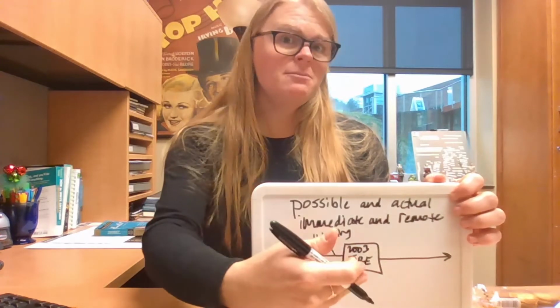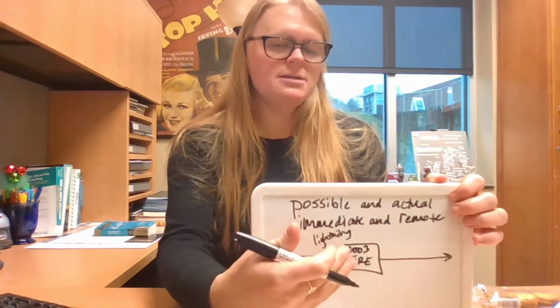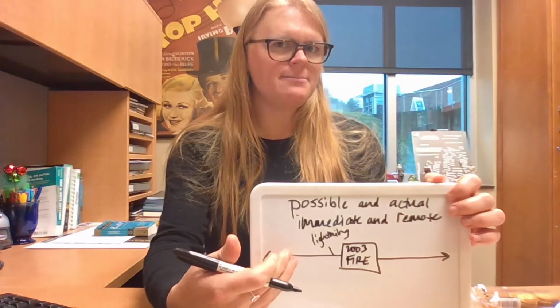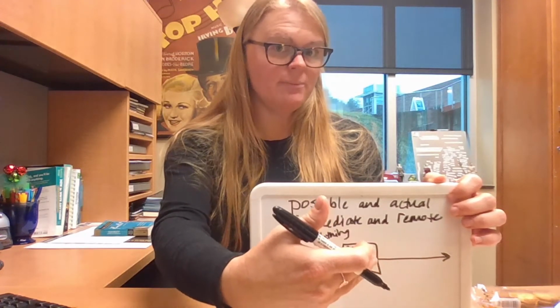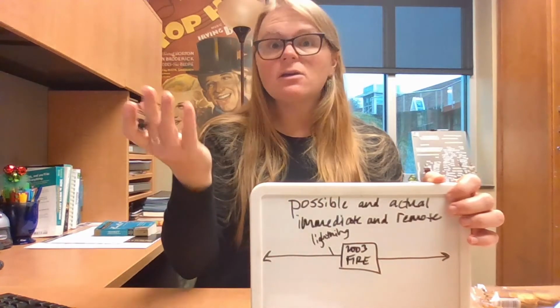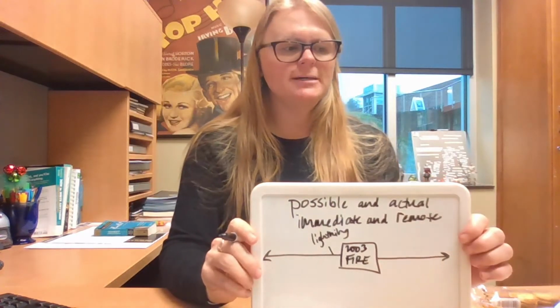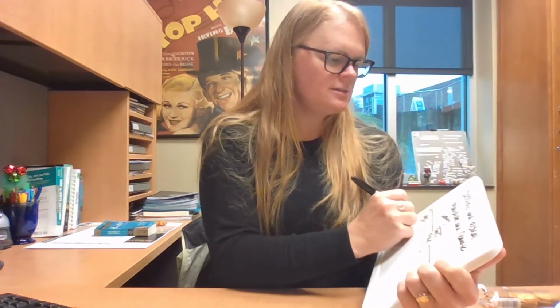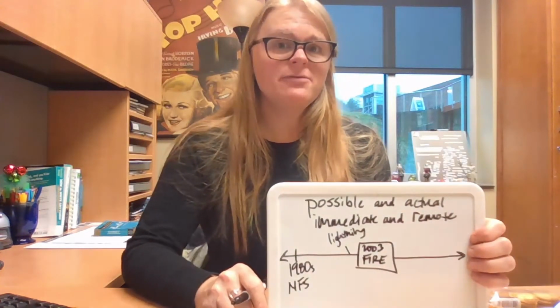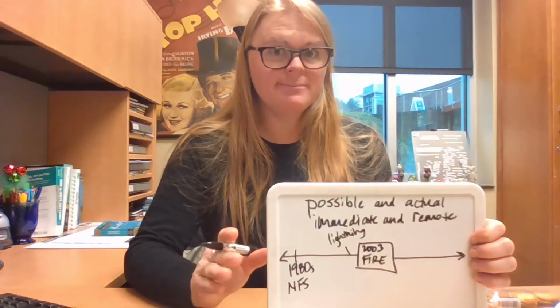However, it makes more sense now for me to go further back in time and think about what else may have contributed to that fire. I could go all the way back to the 1980s, when the National Forest Service had the policy that anytime a fire started, put it out.